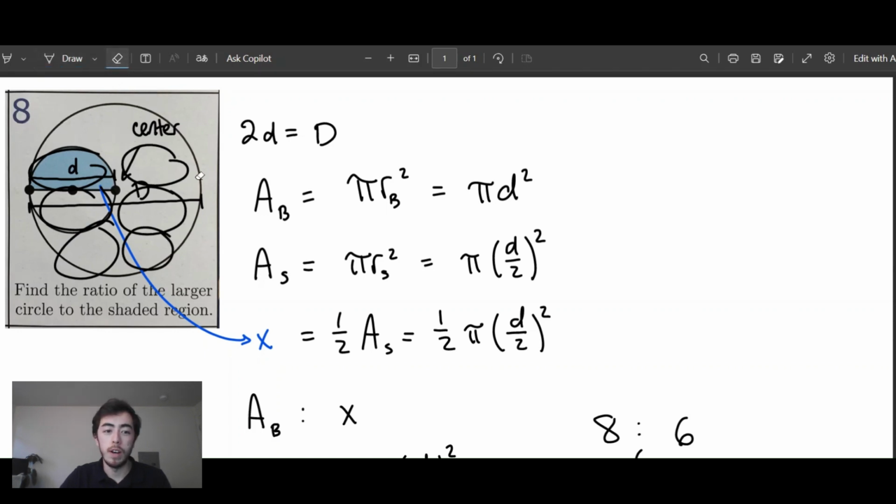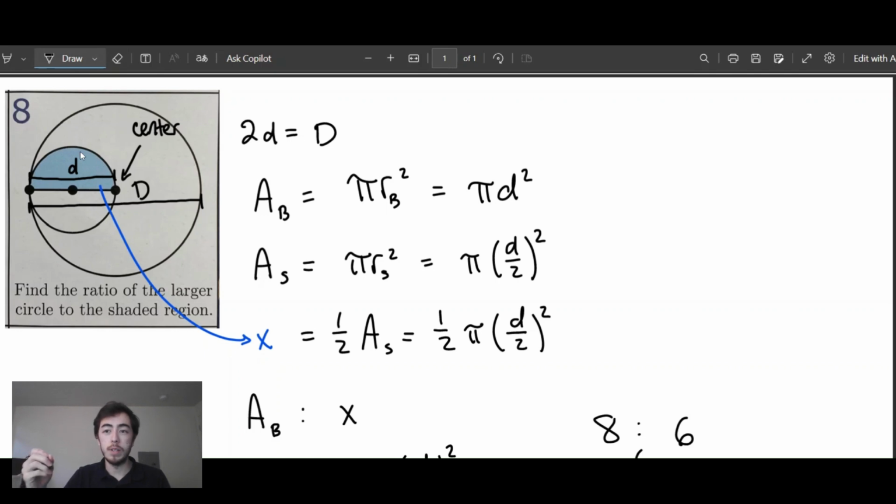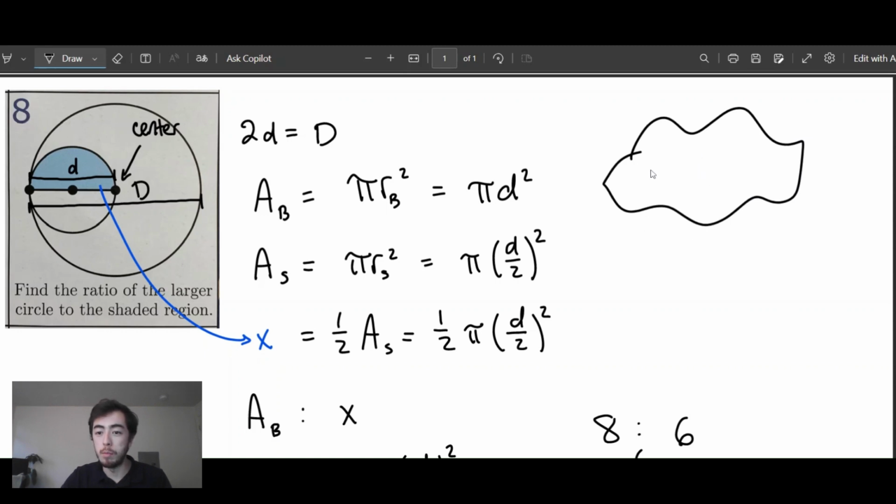And before you go, I just want to show you something, that it doesn't actually matter that we were dealing with semicircles here. It could have been any shape. We could have actually worked with a blob like this and had another blob in the middle and halved that blob.